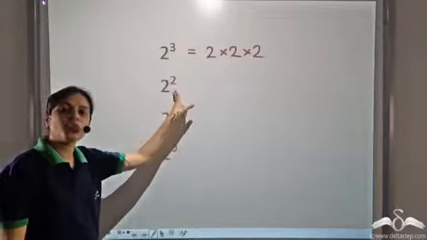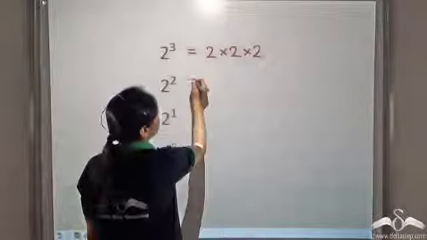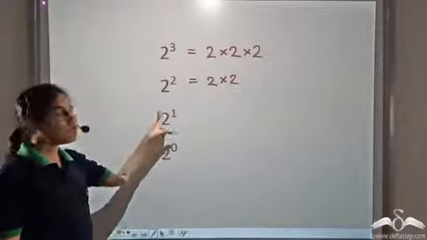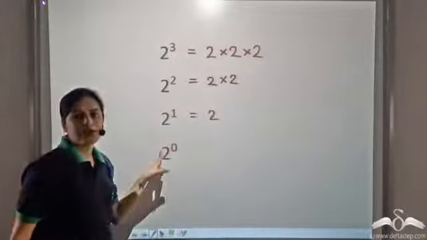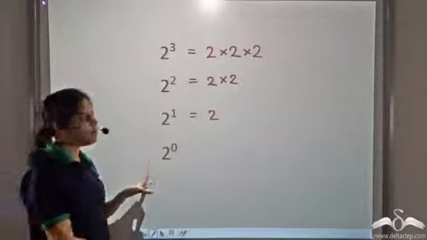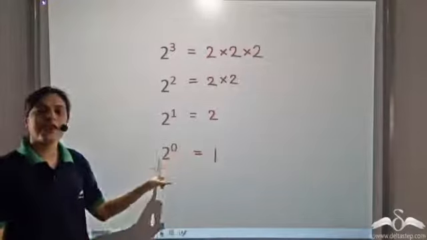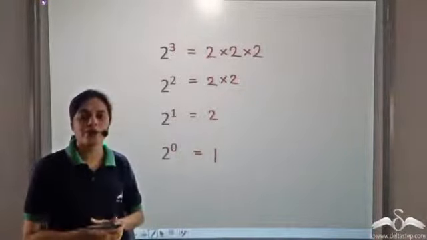This means that 2 is multiplied with itself 2 times. So this is 2 into 2. 2 to the power 1 is equal to 2. 2 to the power 0 is 1. As we have already studied, any non-zero number raised to the power 0 is equal to 1.